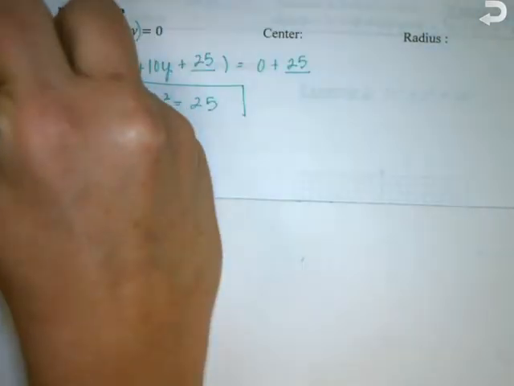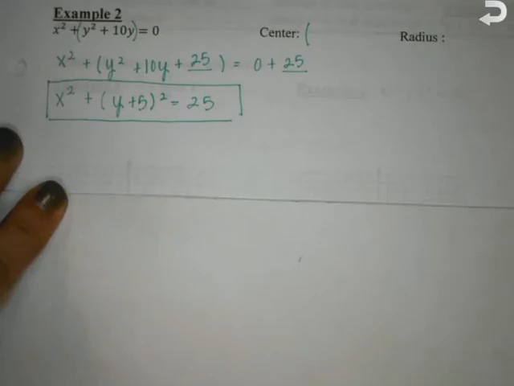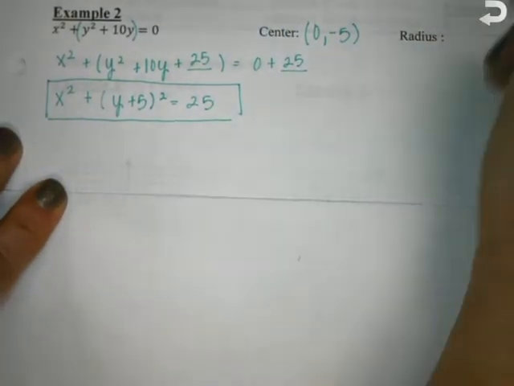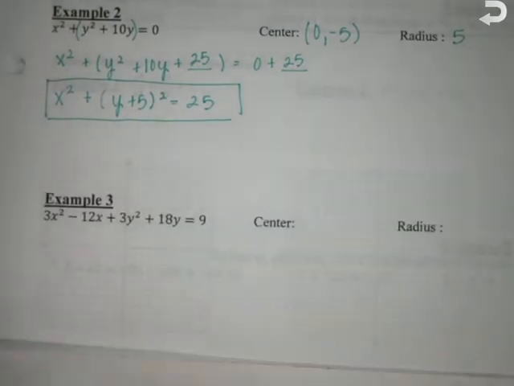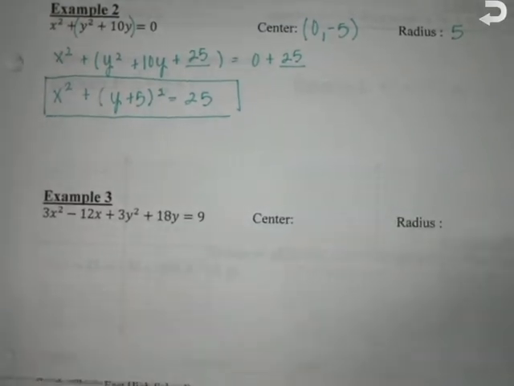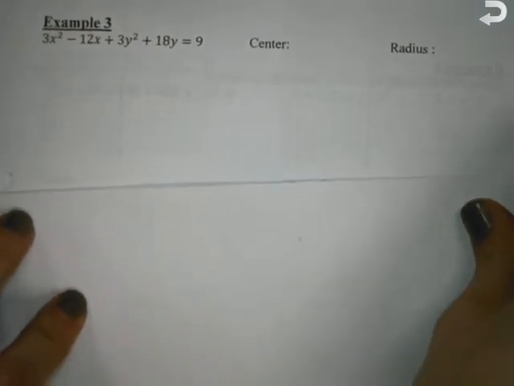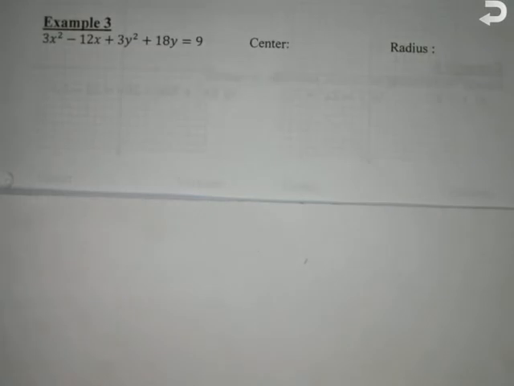What's our center? 0, negative 5. Excellent. And what is our radius? 5. Who got that? So, what happens when we have an extra x and an extra y? Nothing. We just do the same thing but twice. So, the first thing we want to do is let's group the x's and group the y's.